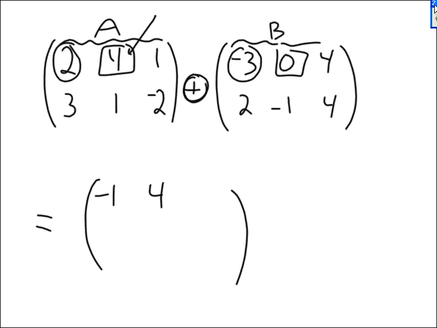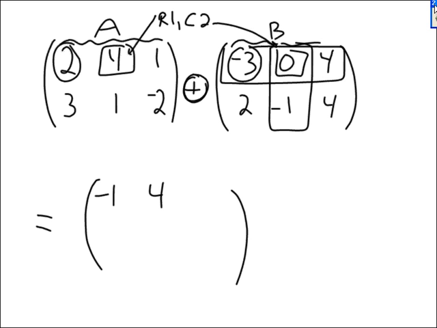You might say that this entry is in row 1, column 2. Likewise with that entry. It's in the first row, but it's in the second column. Row 1, column 2. And then you add row 1, column 3. 1 plus 4. That's 4.